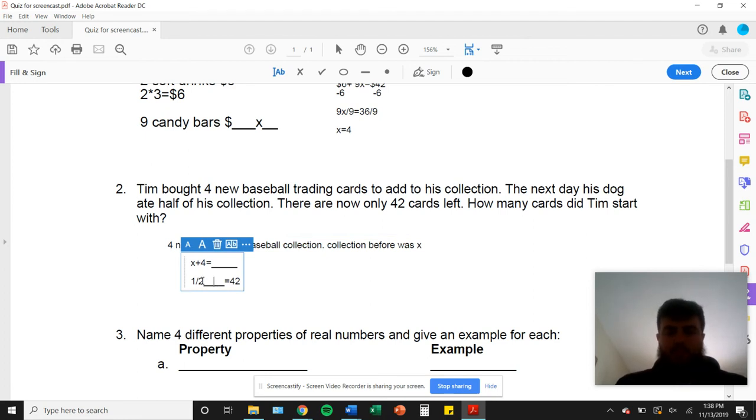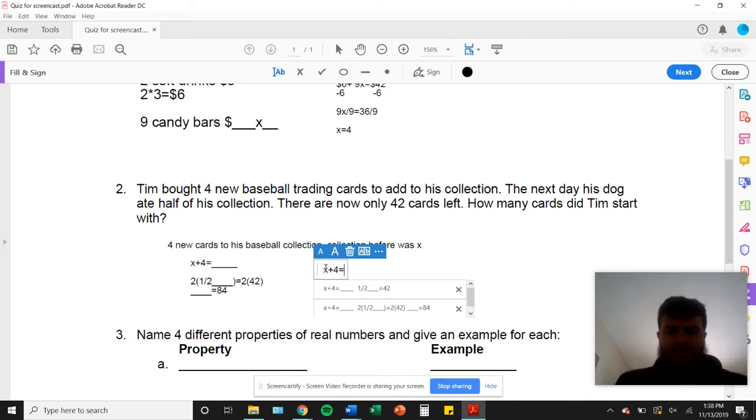Well, that's the challenging part that I was hoping some of you might have noticed. If we put parentheses around this and look at it one step at a time, and we multiply both sides by 2, 2 times 1/2 becomes 1. So all we're left with is this blank, and that blank is going to be 2 times 42, which is 84. So now we can go back up and say that x plus 4 equals 84.